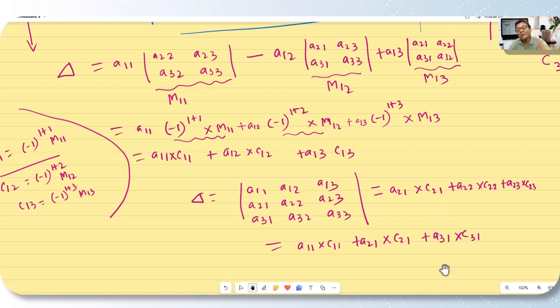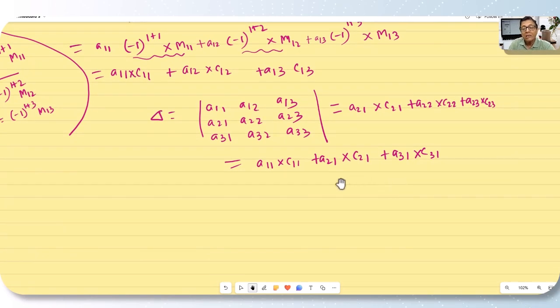I will show you one example where it gives the same value whether we expand in terms of a row or in terms of a column. We are taking 2 1 4, 3 1 7, 4 2 6.